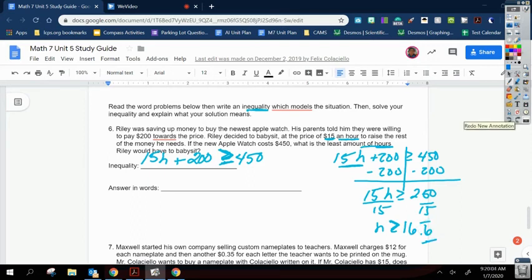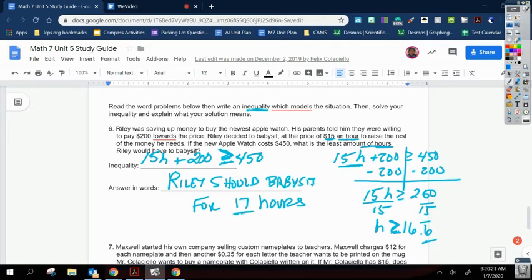So since we need at least greater than or equal to, this is bigger than 16, we want to say Riley should babysit for 17 hours. Now, if you made the argument 16.6, I get that because you could have 2/3 of an hour, but we're talking about rounding here intentionally.